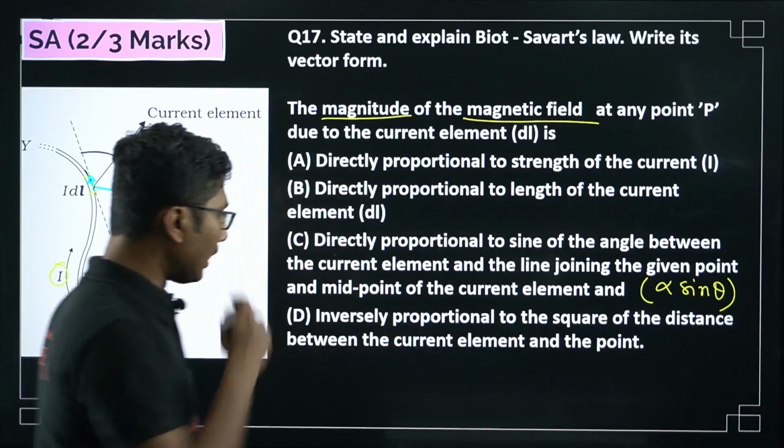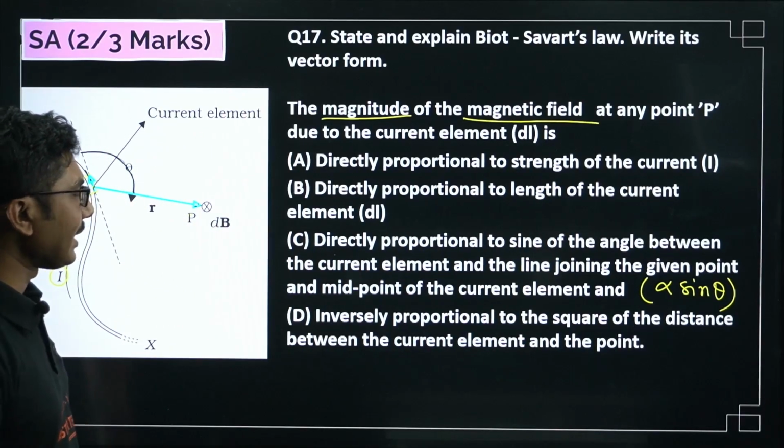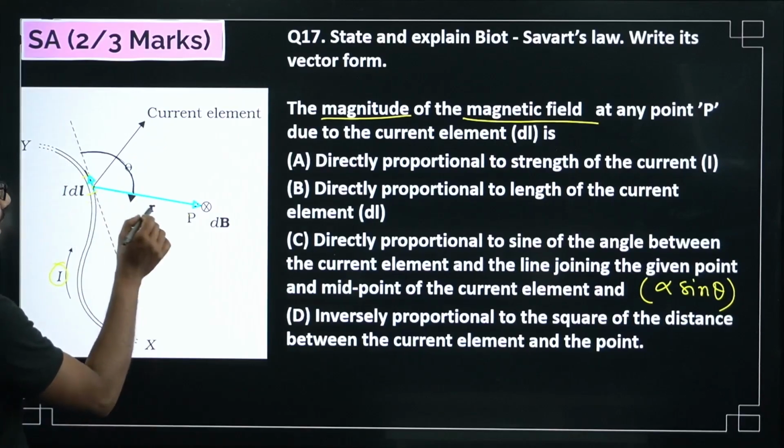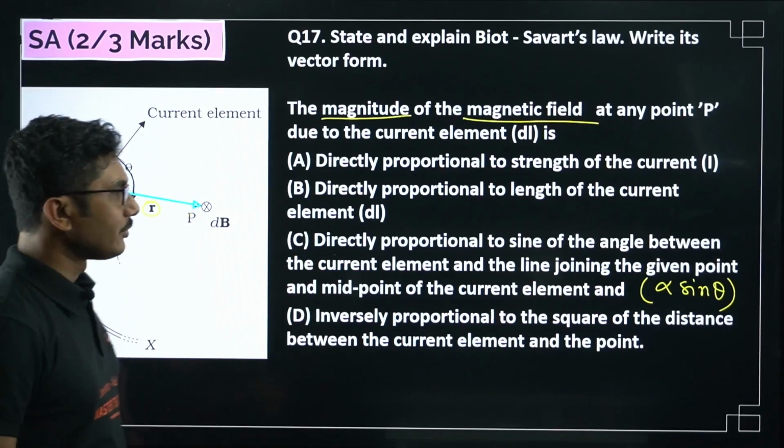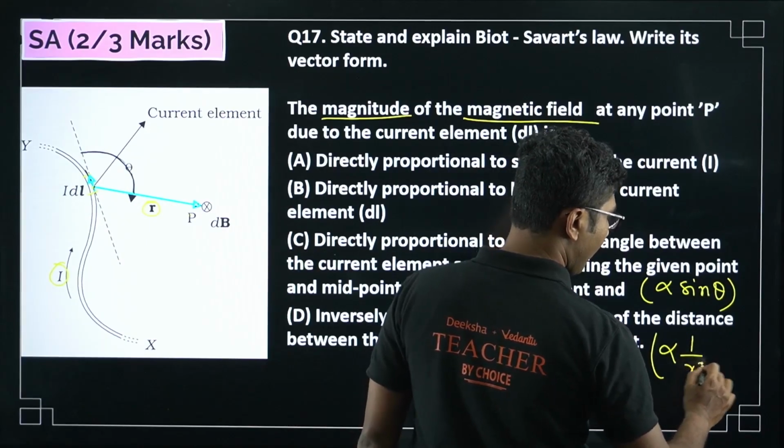What else? Inversely proportional to the square of the distance between the current element and that point. The distance is r, so it is inversely proportional to the square of the distance.